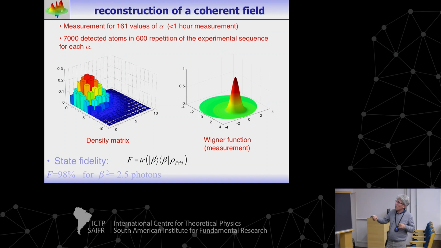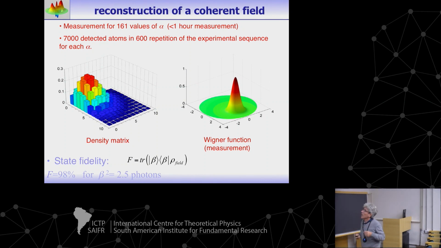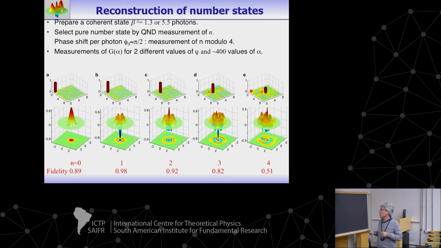So you see that from the reconstruction, we can compare the reconstructed state to what we know. We know a priori the amplitude injected in the cavity. And you see here that the method of injection of a coherent state in the cavity works very well. If you characterize the field injected with a classical source, it fits a coherent state with a fidelity of 98%. So it means that injecting a coherent field with a coherent source really produces a coherent field in the cavity.